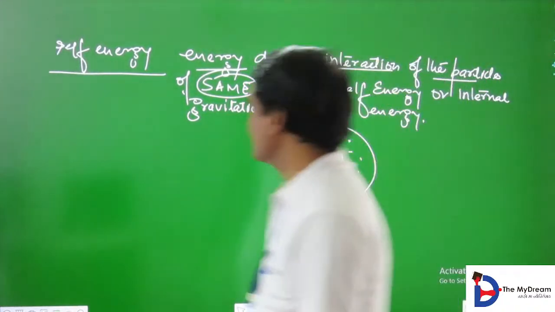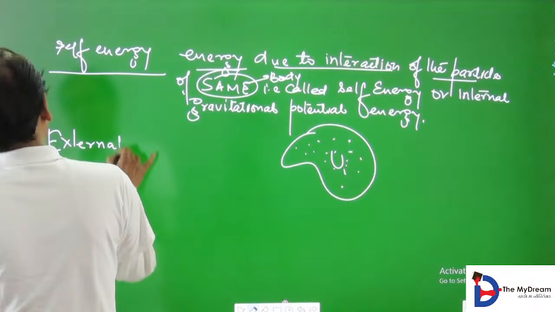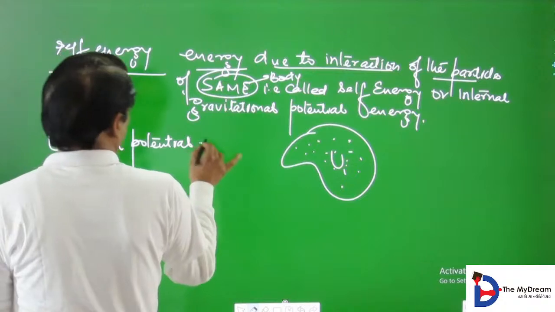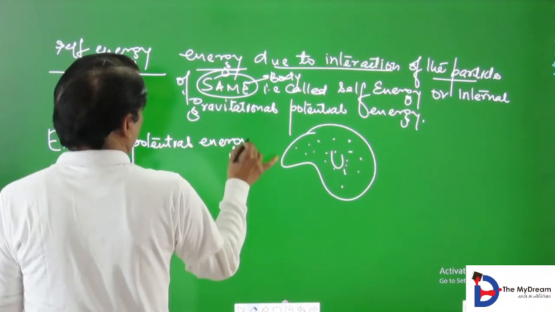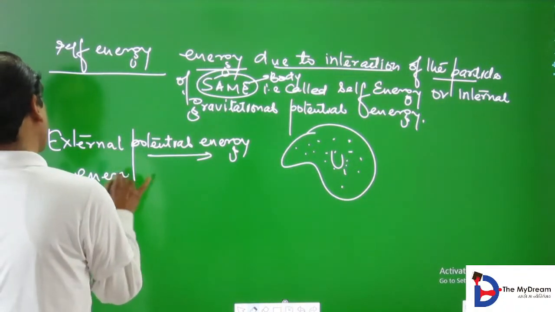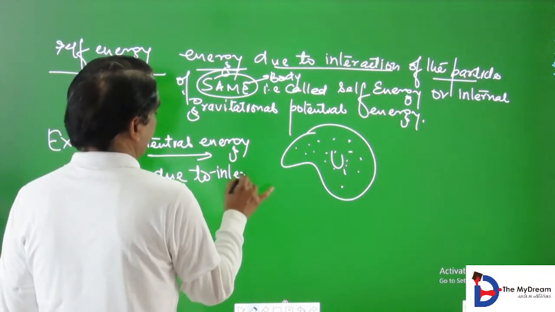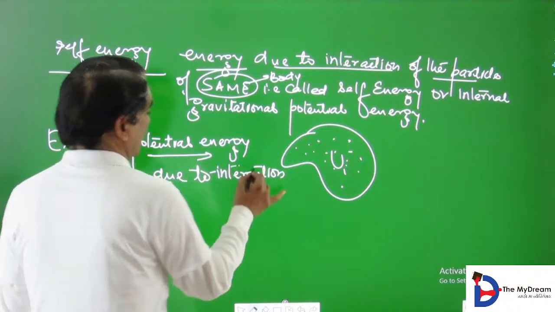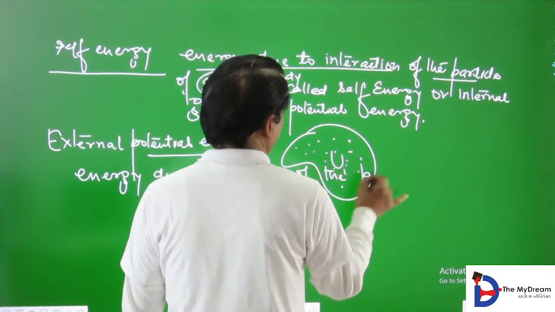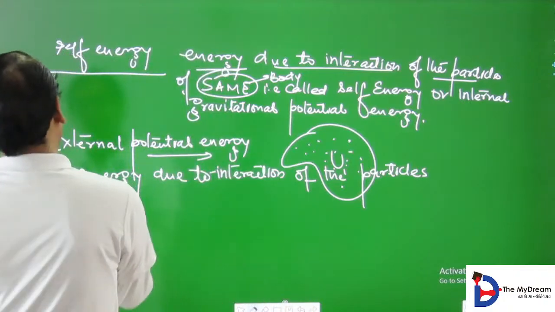External potential energy is the energy due to the interaction of the particles of the different bodies.